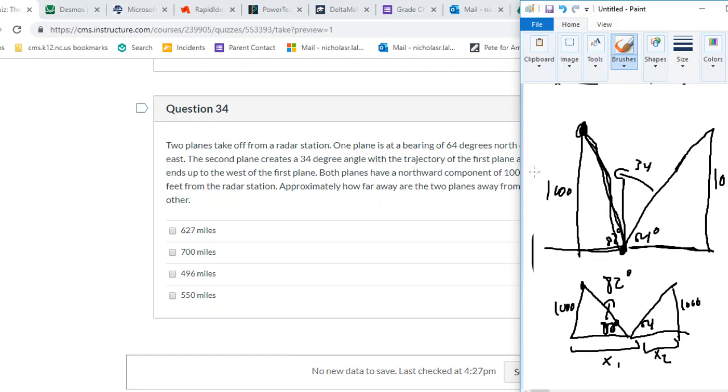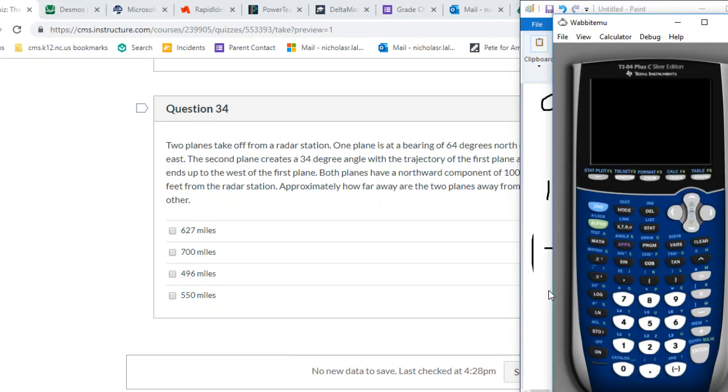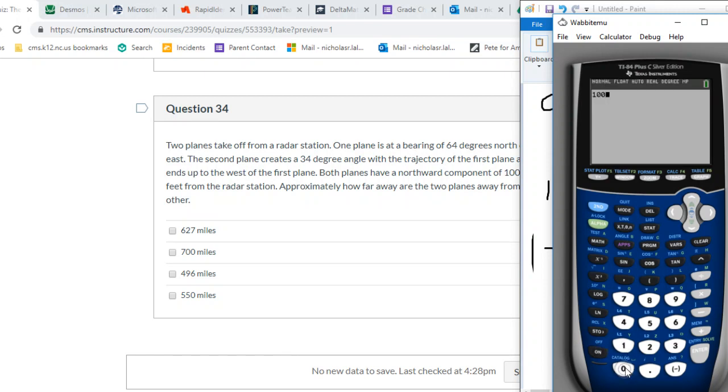So 1000 times the cosine of 82 is x, so the answer would be 1000 times the cosine of 82 plus 1000 times the cosine of 64.